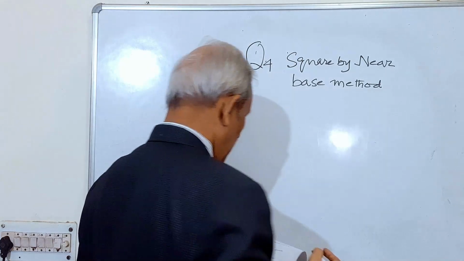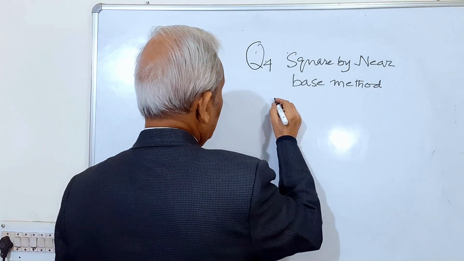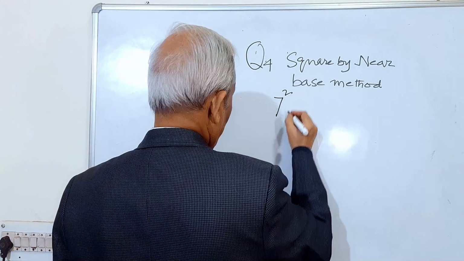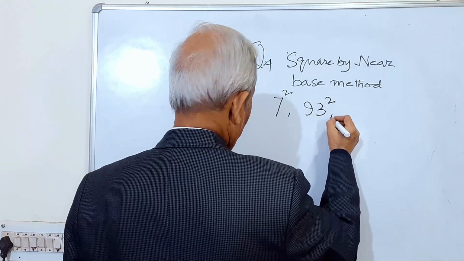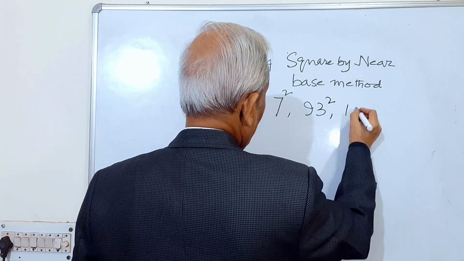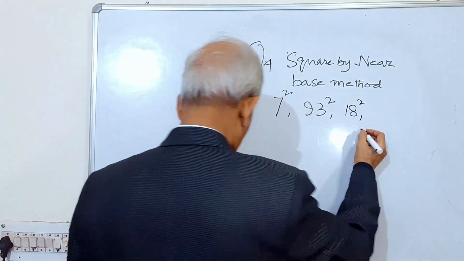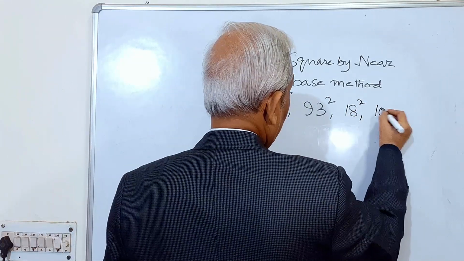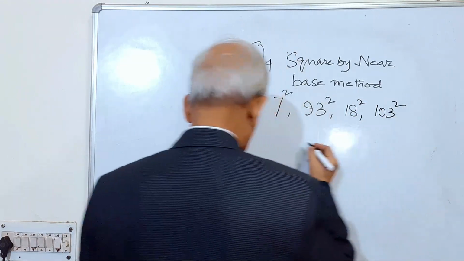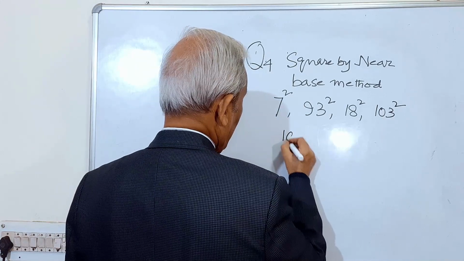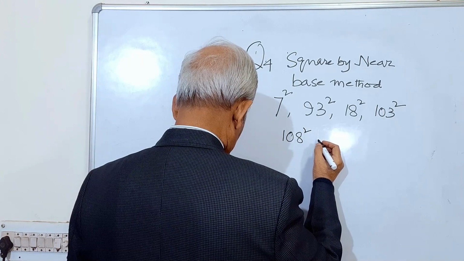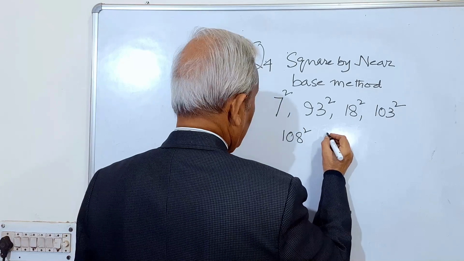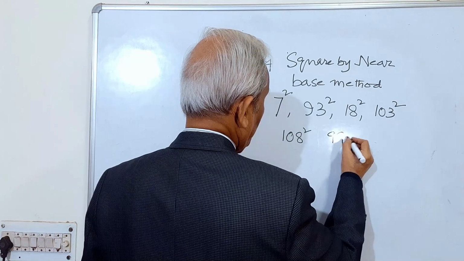The questions are now 7 square, 93 square, 18 square, 103 square, 108 square, 996 square.